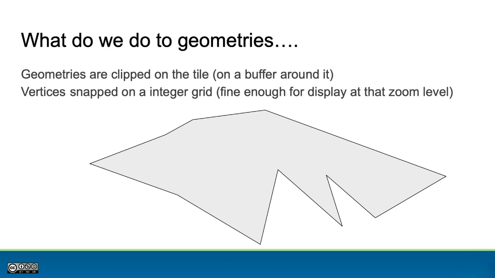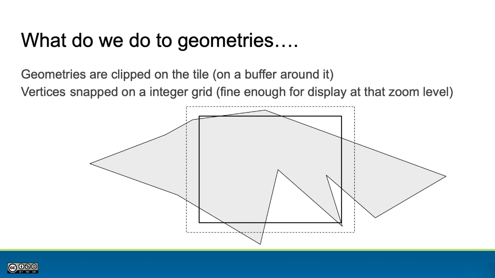How do we actually do that in GeoServer? A lot of these tool chains are going to be very similar in how they produce vector tiles. What we're going to do first is we're going to clip the geometry around a tile, but not quite at the tile boundary. We're actually going to do a slight buffer, and we're doing that so we can pull in any data that is going to be rendered in the inside of the tile.